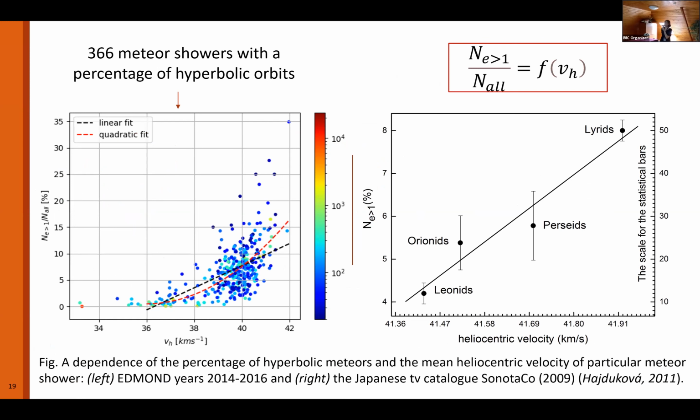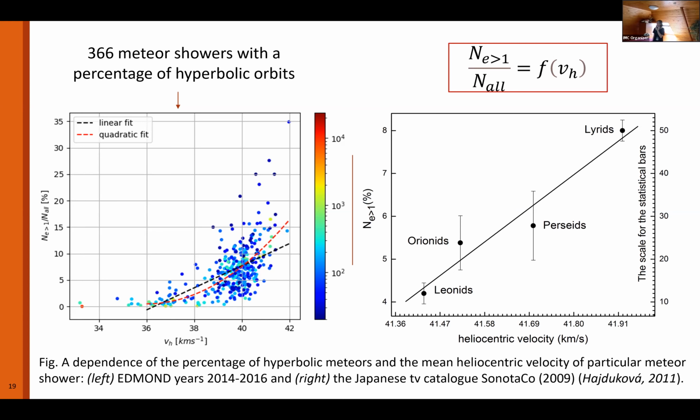On the graph on the right, taken from the work done by Hajduková, these are particular meteor showers from the Japanese TV catalog, and we see the dependency of the number of hyperbolic orbits and the mean heliocentric velocity of the shower.